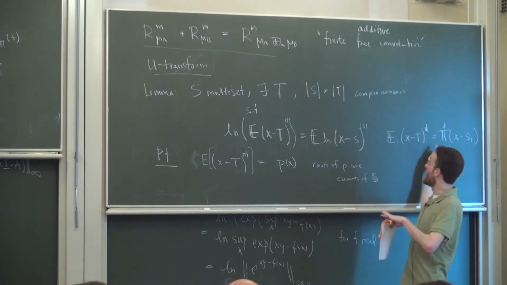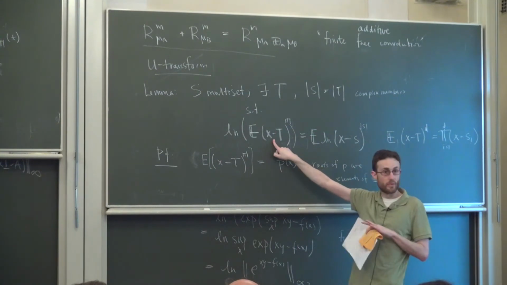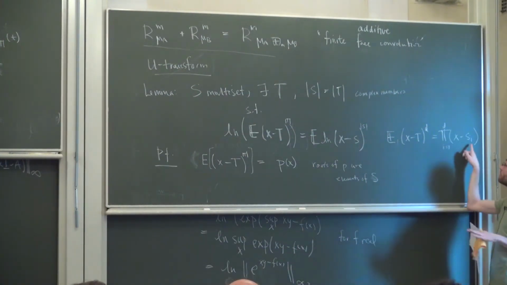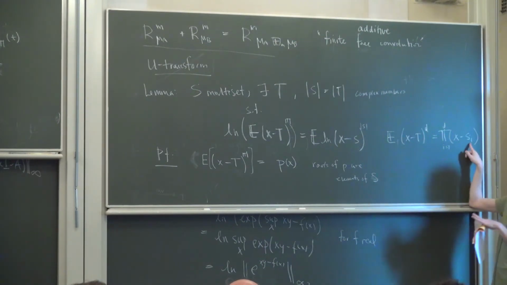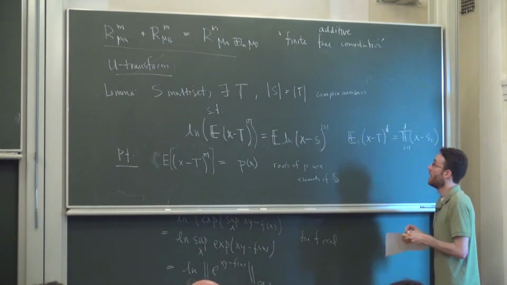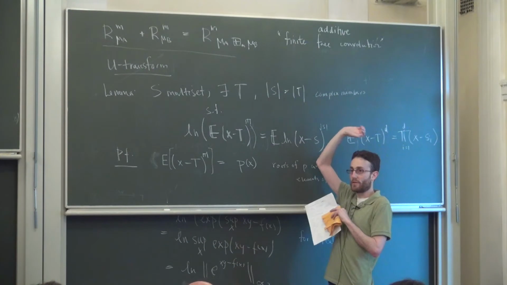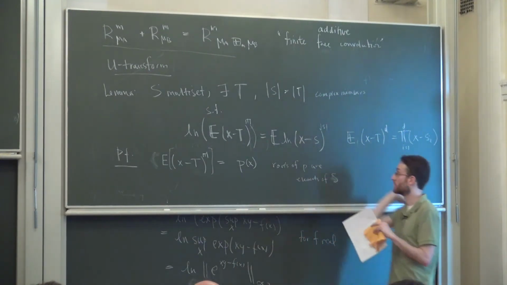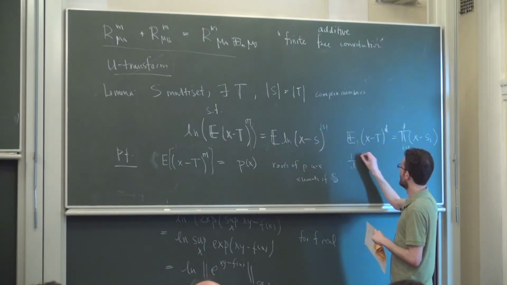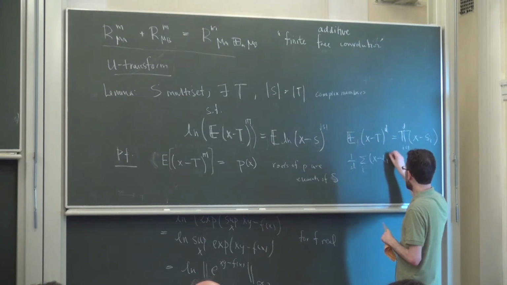I can change it so that the roots of this polynomial are the expected value of x minus t to the d, and t has the same cardinality as s does. What is the random variable here? I'm picking elements uniformly at random from the set. So this is 1 over d, sum over i, of x minus ti to the d.